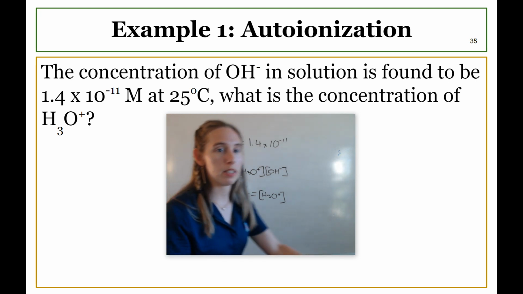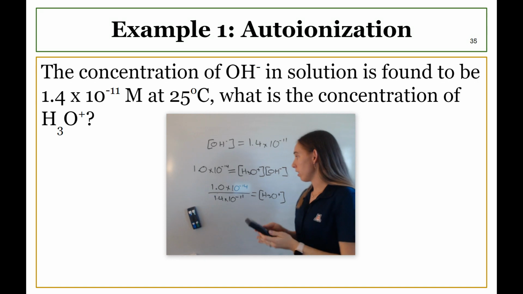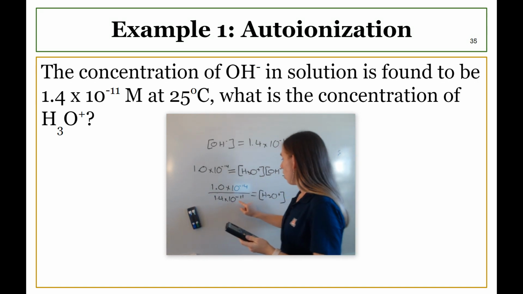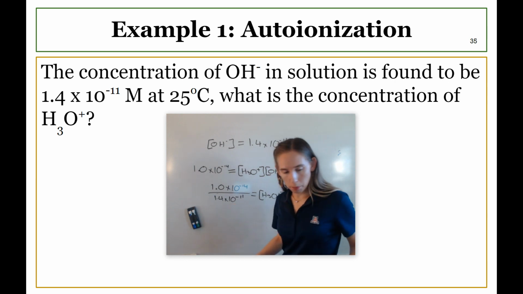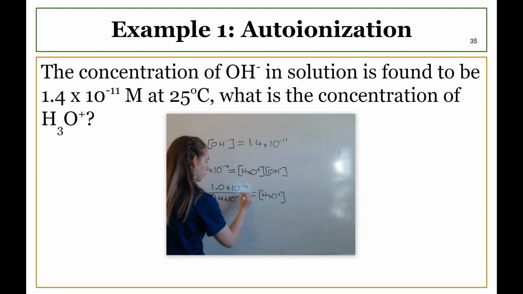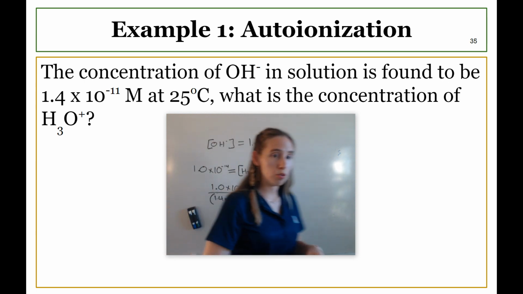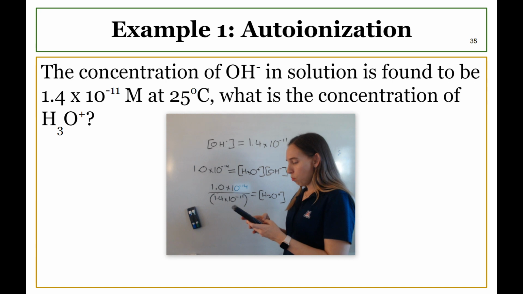All we have to do is plug this into our calculator. Now, if you remember anything from the last year of chemistry, when we have an exponent in the denominator, you have to put parentheses around it, otherwise your calculator is going to mess up. It's not going to interpret what you want correctly. So we're going to type in 1 times 10 to the negative 14 divided by parentheses 1.4 times 10 to the negative 11.